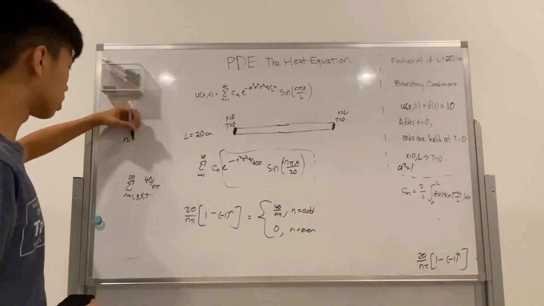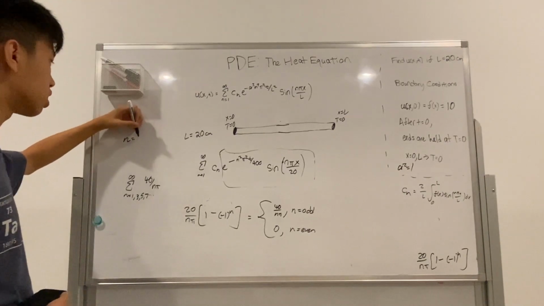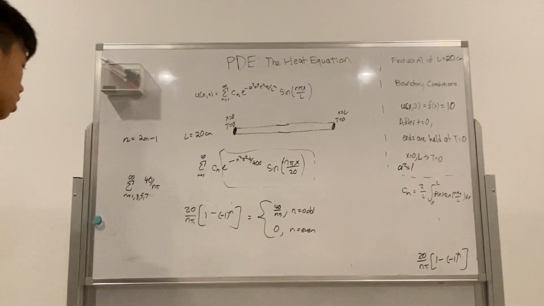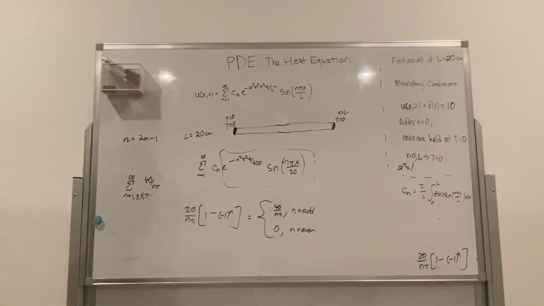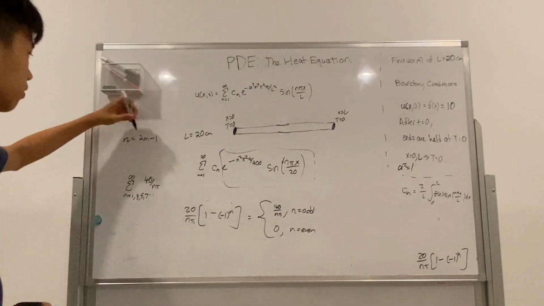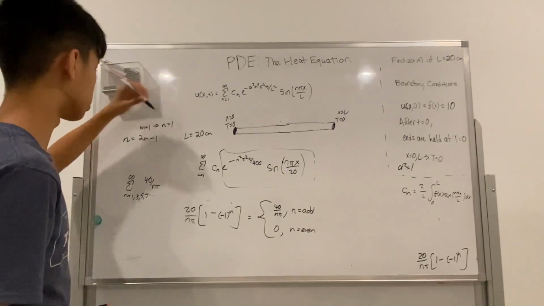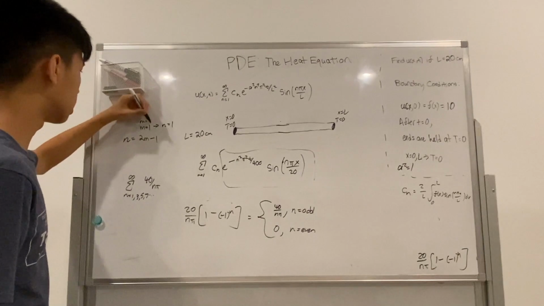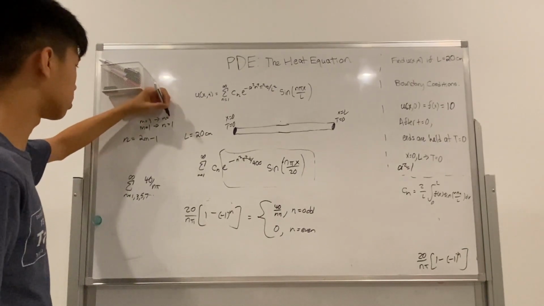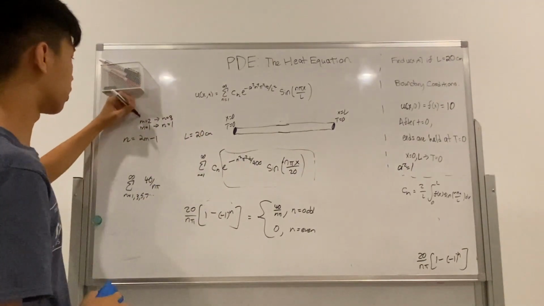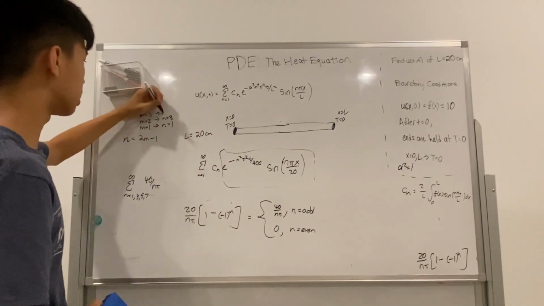You could set n equal to 2m minus 1. So let's say you have m equals 1. Well, this will be equivalent to n equals 1. If you have m equals 2, that would be equivalent to n equals 3. If m is equal to 3, n equals 5.